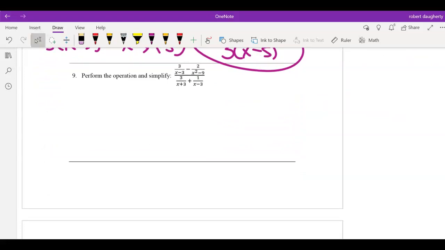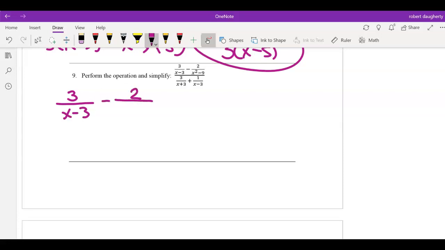Complex fractions. Okay, so the key here is you need to have a common denominator in both the numerator and the denominator. You need to get fraction over fraction. So let's look at that numerator. You've got 3 divided by x minus 3, and then you've got minus 2.